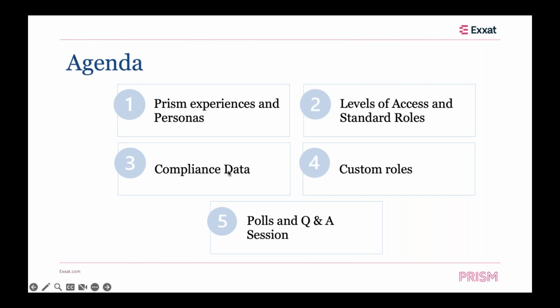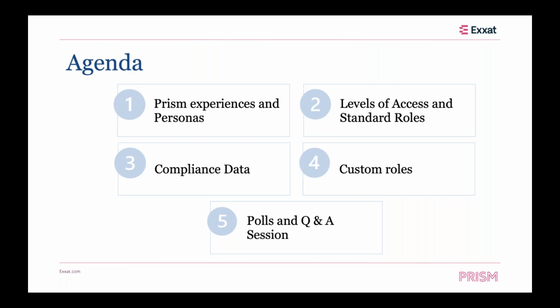What controls do we have in place to ensure that oversharing does not happen for your users? And then in the last part, we'll briefly talk about the custom roles that we can support for you, followed by polls and questions.